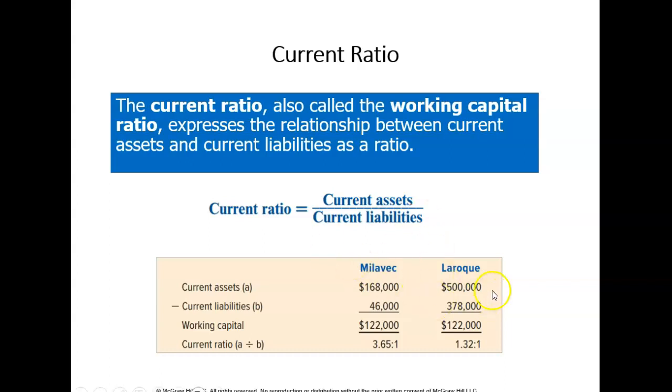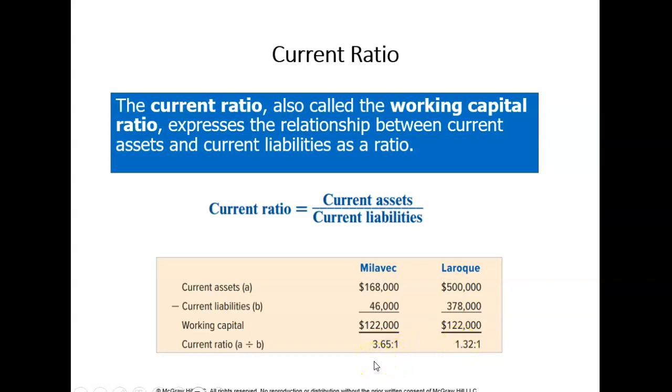So now we have two different companies. They're probably going to be competitors of each other, and we're comparing for each company their current ratio. First, we take a look at their working capital, which is simply current assets minus current liabilities, and they both have the same working capital, but the current ratio shows a little different story.